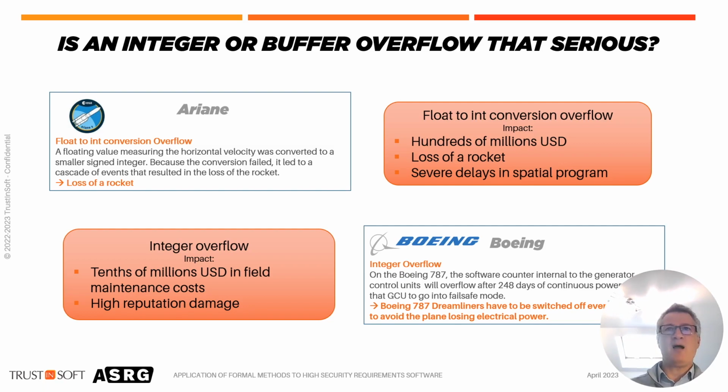Because of that, the Dreamliners have to be grounded, switched off and reset every 248 days at the maximum to avoid the plane's main GCU losing electrical power after going into failsafe. So you see here, that's more an impact in terms of maintenance cost and potentially also in reputation for the aircraft manufacturer.